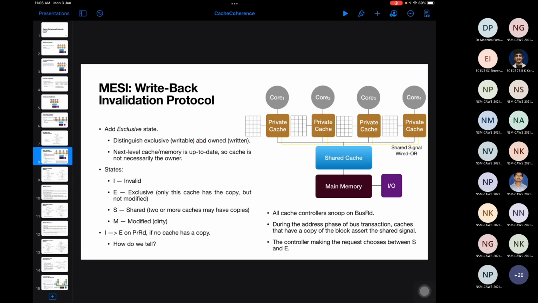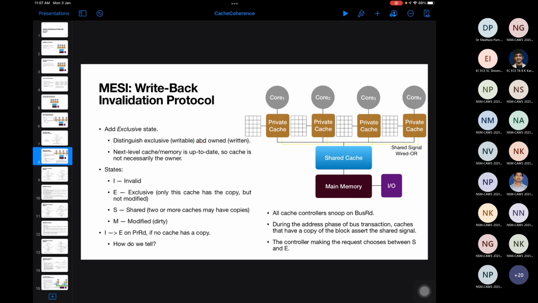And when the block is in exclusive state, the next level cache still has the same data as the exclusive block. Both have the same data. Once you are in exclusive state, next time if you want to perform a write operation, you don't have to send any transaction on the bus, because you are the only one having the exclusive copy. Then you can move from E to M and perform your write operation.